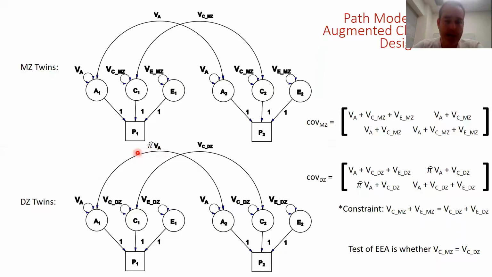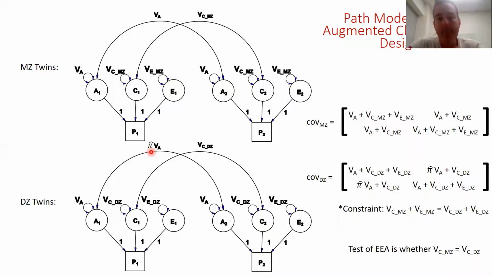So pi hat is the genome-wide proportion of alleles shared identical by descent for that particular pair of DZ twins. Pi hat is going to vary across twins, and it is a quantity that you can estimate by certain software programs. Merlin, for example, is a software program that will enable you to do that.